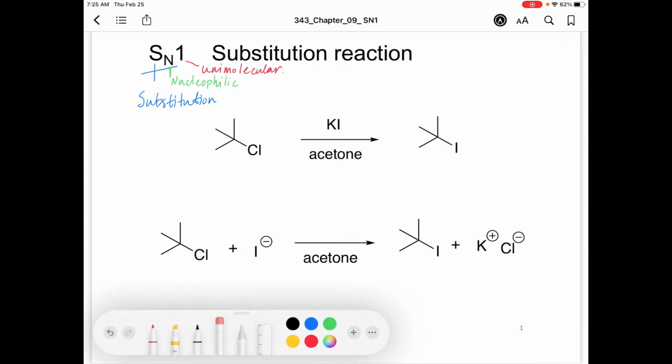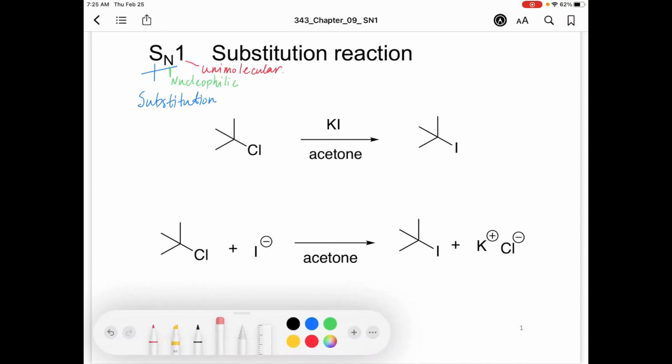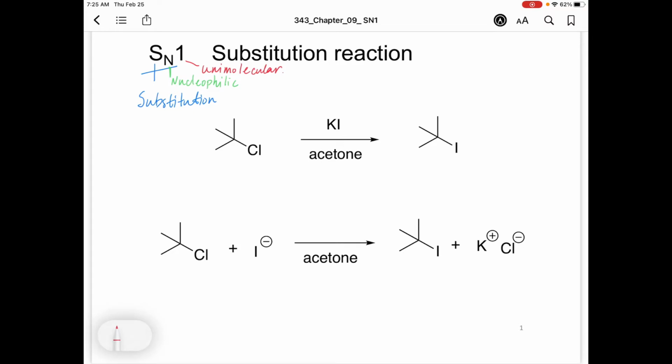So here I've drawn an SN1 reaction using tert-butyl chloride in the presence of potassium iodide and acetone, and then it gives you your product, which is this tert-butyl iodide. Let's briefly go over these reactions and reactions in general. We have our starting materials here on the left side.